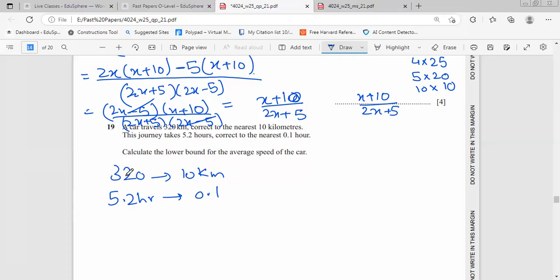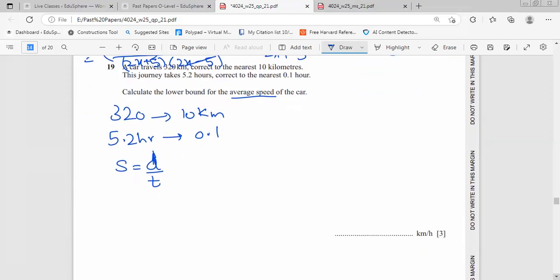We have to calculate the lower bound for the average speed. Speed has a formula, distance over time. When dividing, for the lower bound the rule is to take the lower bound of the top divided by the upper bound of the bottom. This is how we have to divide it.